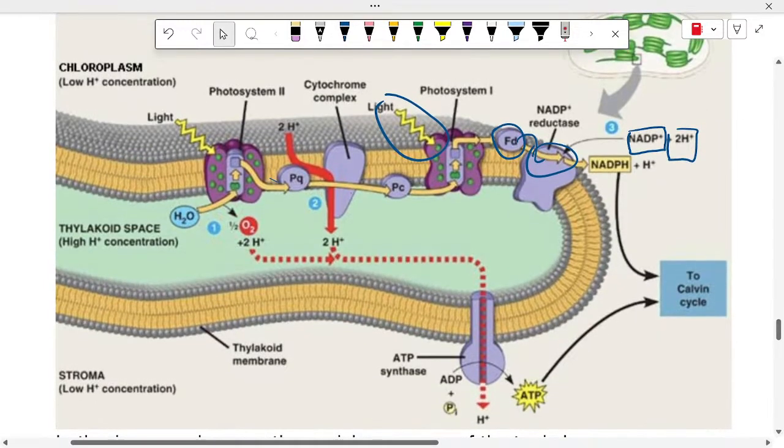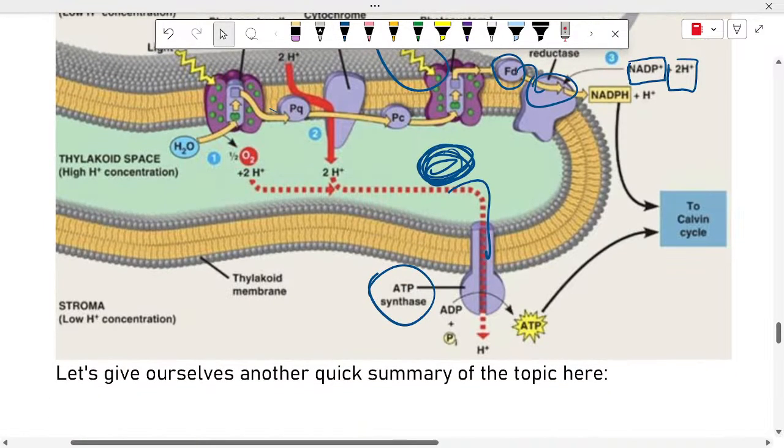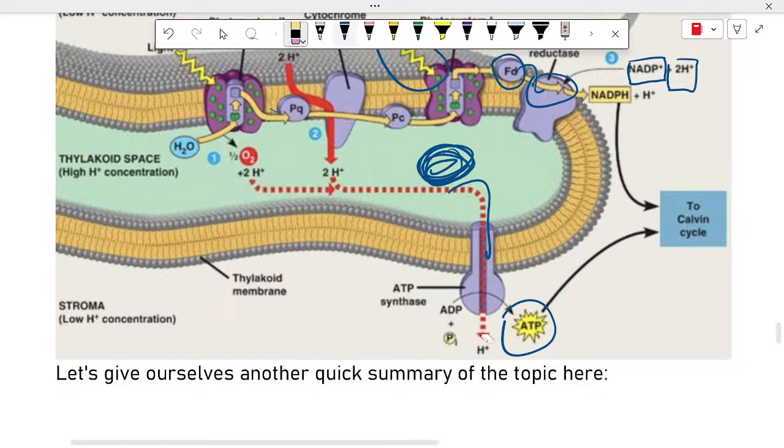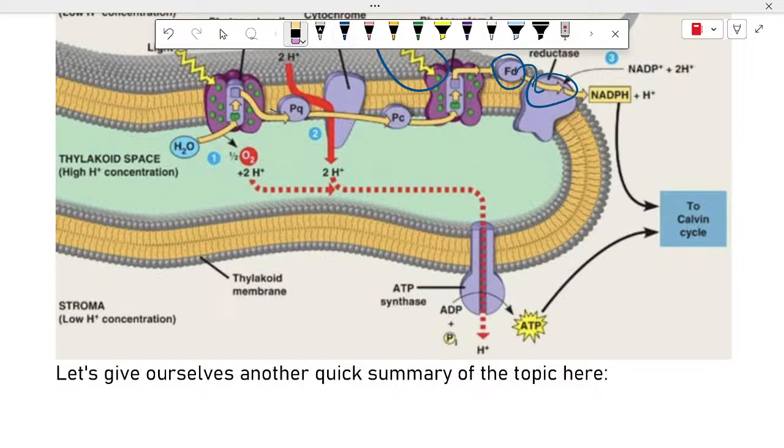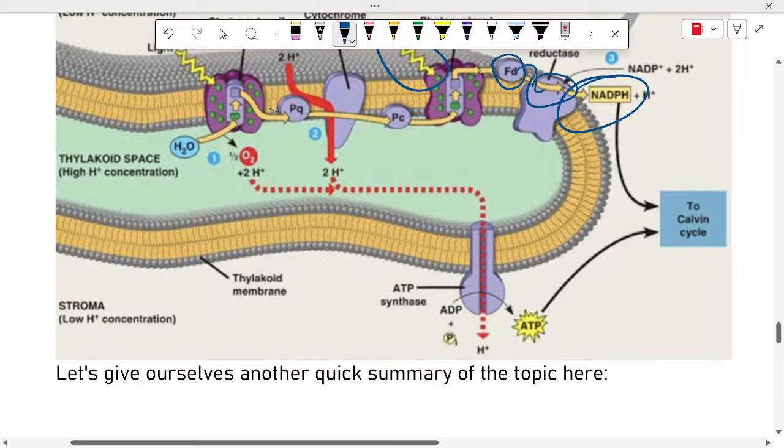And then all those H+ that have been pumped into the lumen are going to pass through an ATP synthase molecule, sometimes called ATPase, never called ATPase. And then it will use that driving energy to turn an ADP into ATP. And when all this is said and done, what we have is an NADPH molecule and an ATP molecule that can get passed on to the next step.